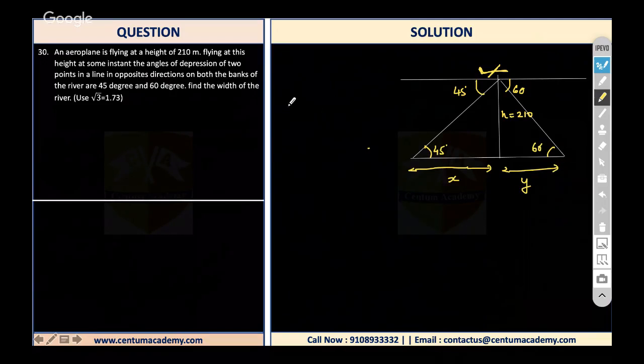So what do I know? h by x is tan 45. Again, I'm not writing the given and all that, I'm just solving the problem. So h by x is tan 45, and so x is h upon tan 45. You don't need trigonometry for this.